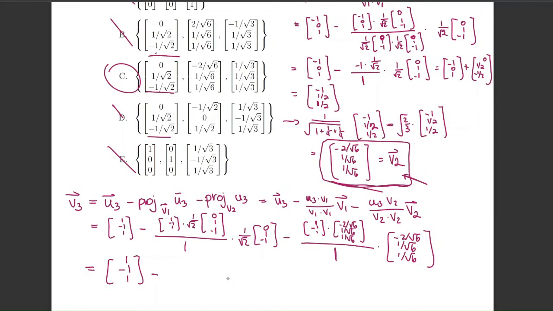So this dot product gives us 1 half. Okay, so the coefficients give us 1 half, and then the dot product gives us negative 2 over 6 from a dot product, times negative 2 over square root of 6, 1 over square root of 6, 1 over square root of 6.